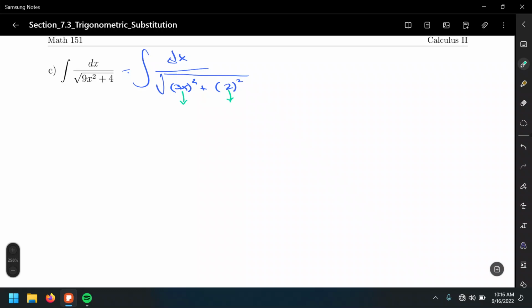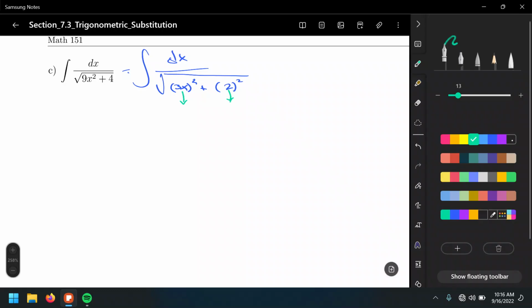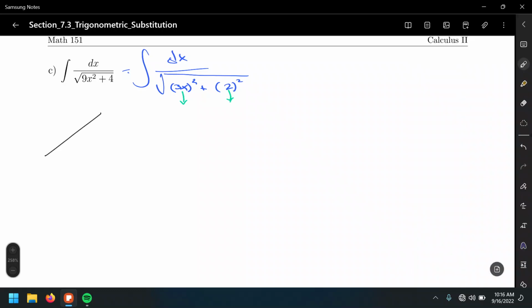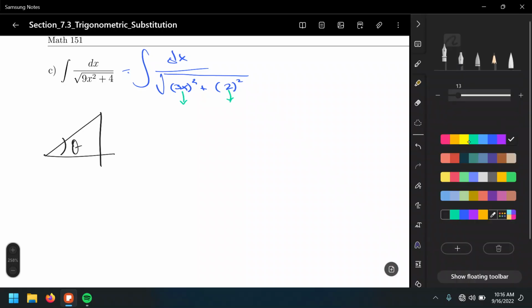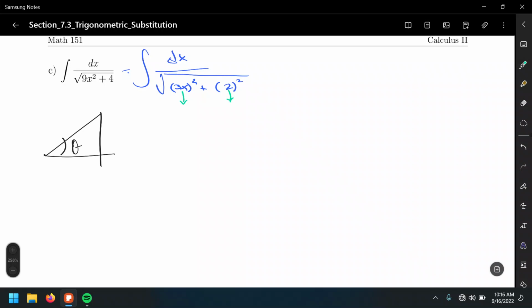You can do it the other way around and you may get integrals using different trigonometric identities, but in the end, you should get the same answer. All right, so let's set up the triangle first. Theta, and in this case, the opposite side is going to be 3x, and the other side is 2.